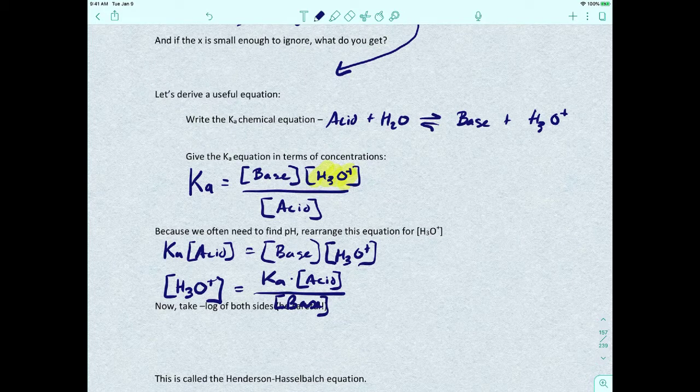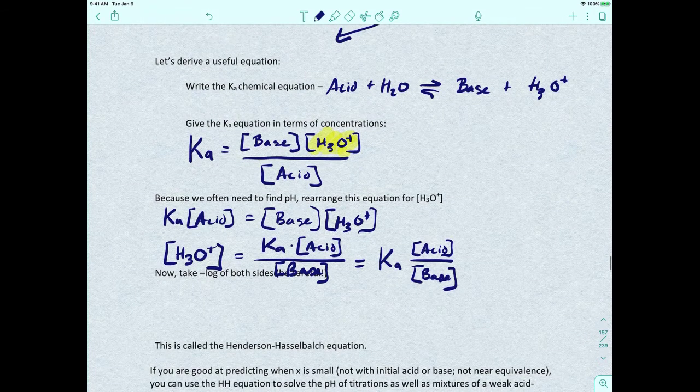Let's get a little clearer with this. Let's say I just want to have a ratio of the acid to the base. I could also rewrite it this way: Ka times the concentration of the acid divided by the concentration of the base. Now, what I'm going to do is take the negative log of both sides.